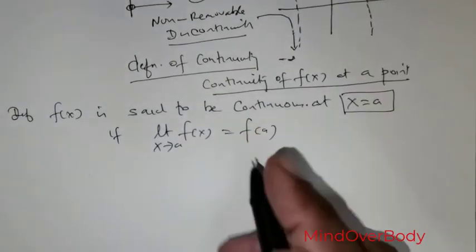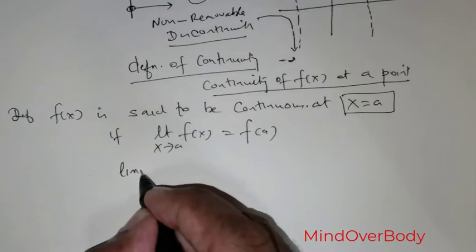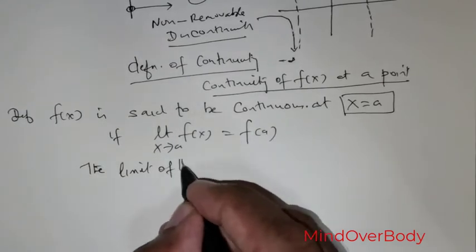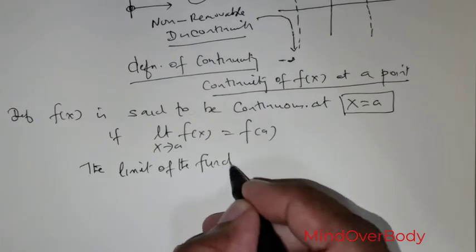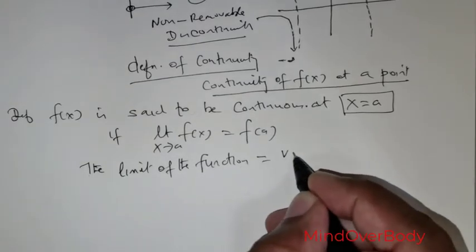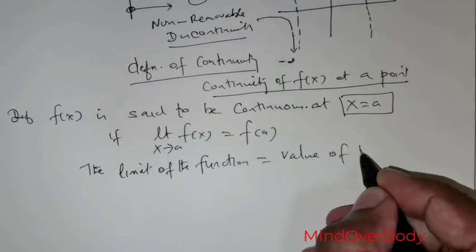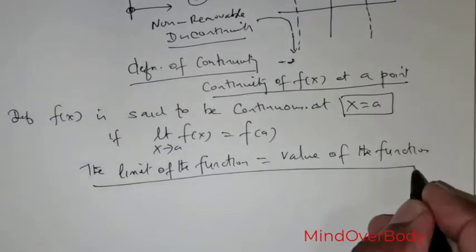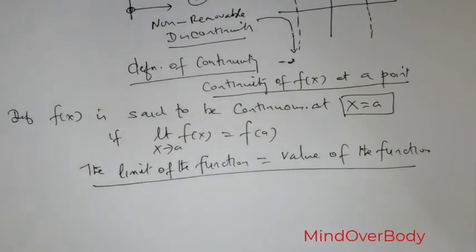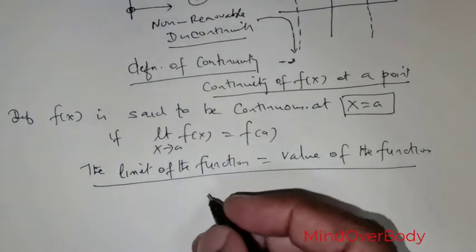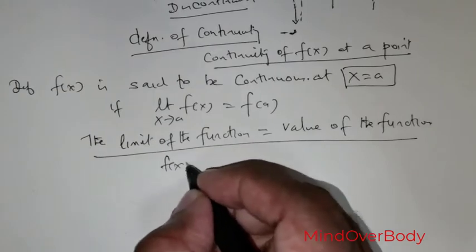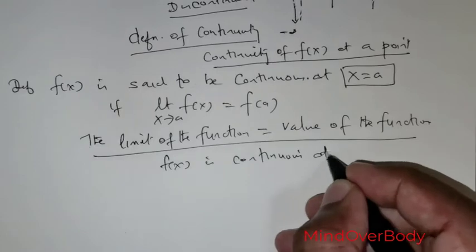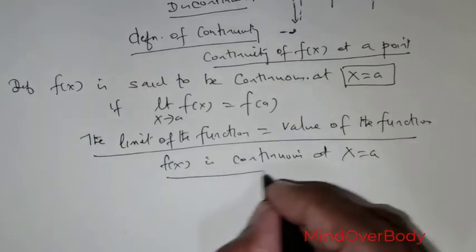Now what is the meaning of this? This is nothing but the limit of the function should be equal to the value of the function. That is the requirement. Only when this is satisfied we will say that f of x is continuous at x is equal to a.